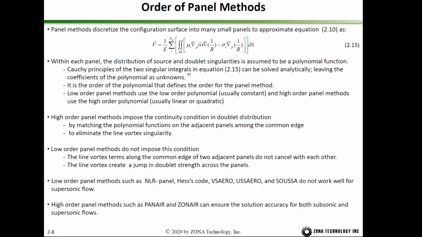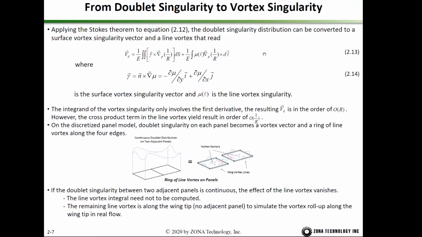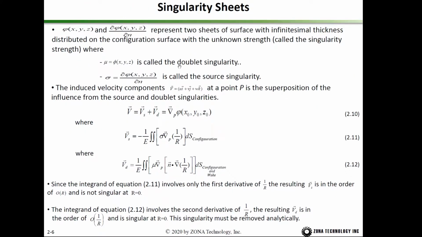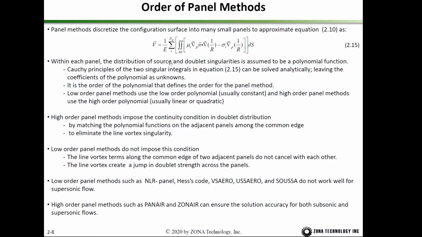And the panel method discretizes the configuration into many small panels to approximate this equation. So we discretize. So this integral equation is a summation of many panels, and then within each small panel we solve this integral analytically.